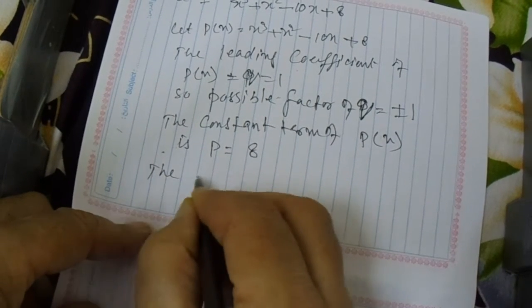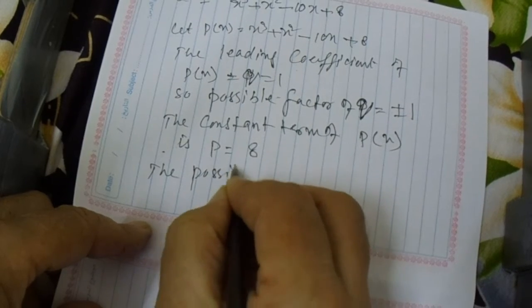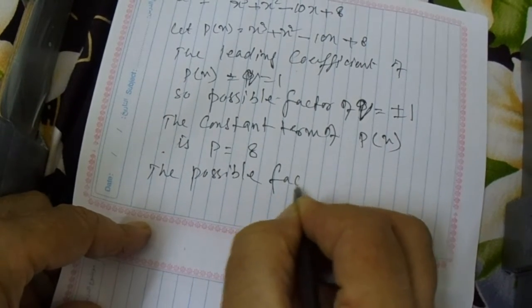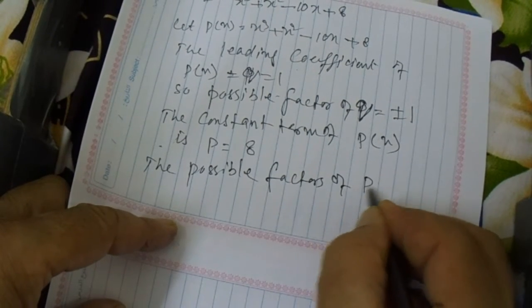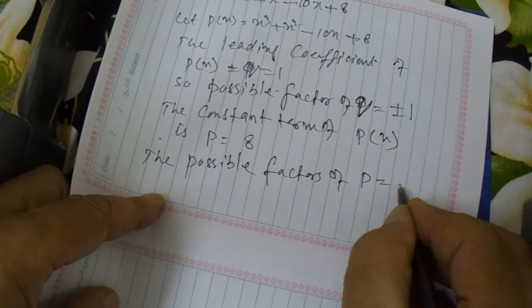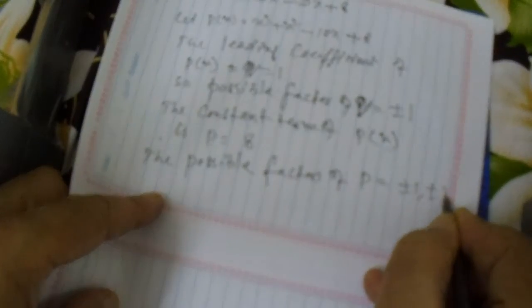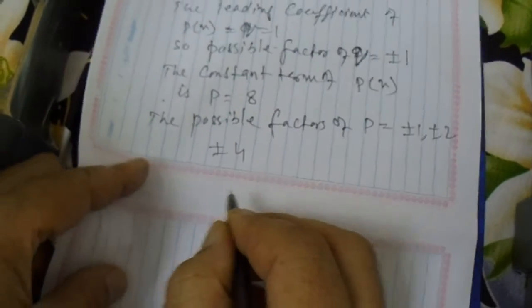The possible factors of P are ±1, ±2, ±4.